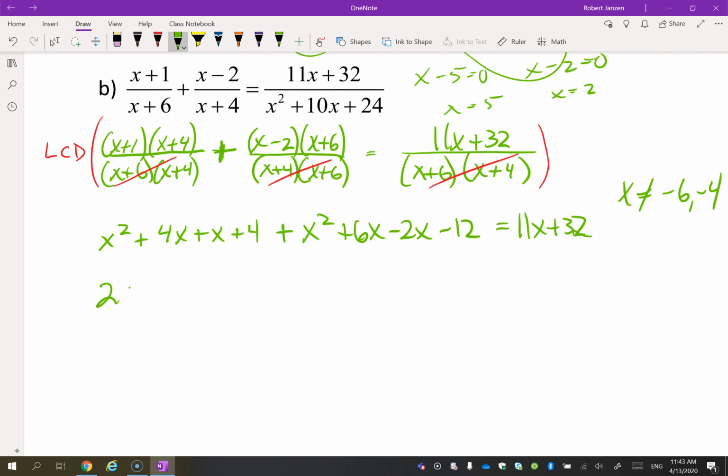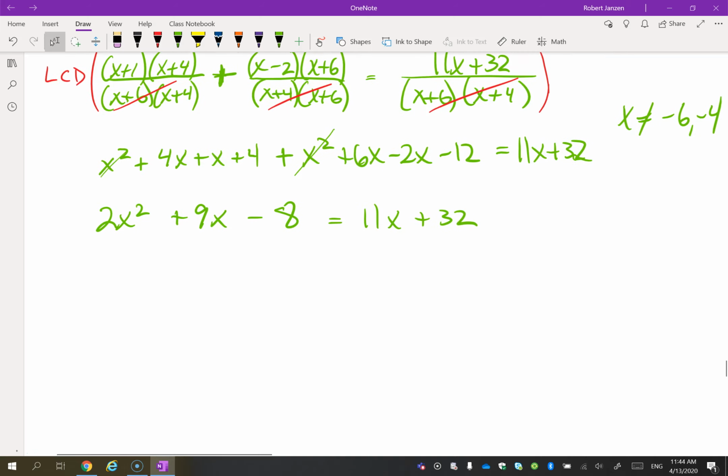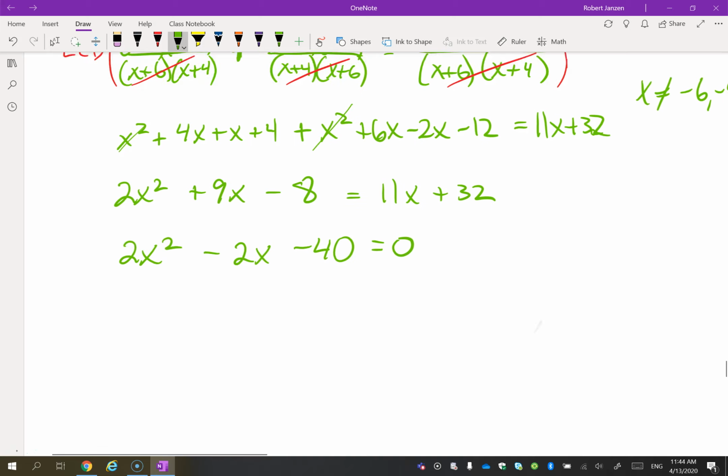So I'll get 2x squared, 5x, 11x, 9x, minus 8 is 11x plus 32. So then 2x squared minus 2x minus 40 equals 0.